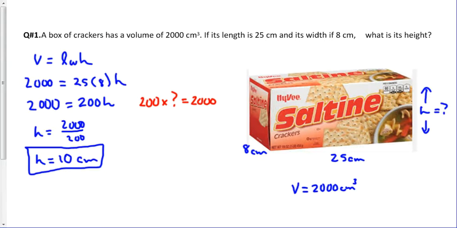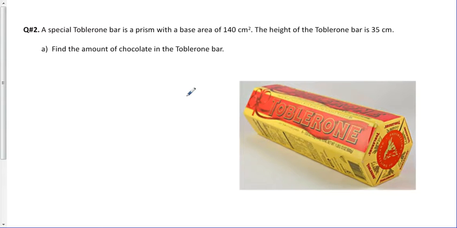And it's actually a question to do with a prism that's not a rectangular prism, it's not a triangular prism, and it's not a cylinder either. Because if you look at the base of this special Toblerone bar, it's basically 6 Toblerone bars packaged together. But look, the base is a hexagon.